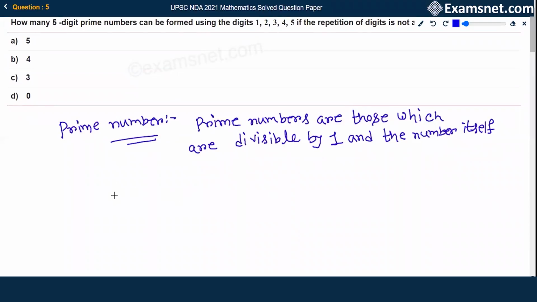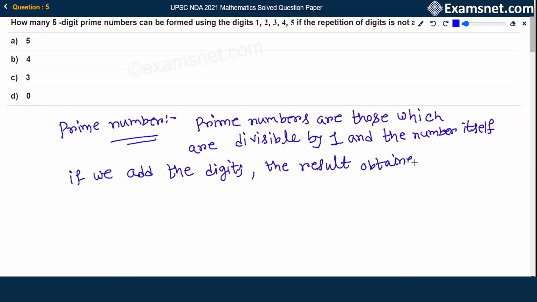Why? Because if we add the digits of the number that can be formed by using these digits 1, 2, 3, 4, 5, the result obtained will be, let me check, 1 plus 2 plus 3 plus 4 plus 5, you will get how much?